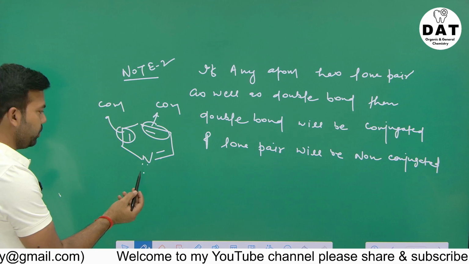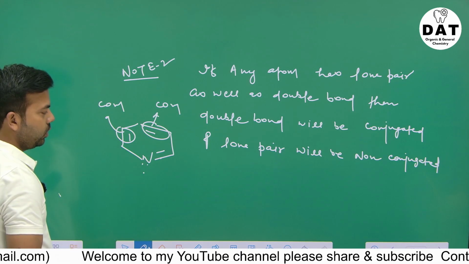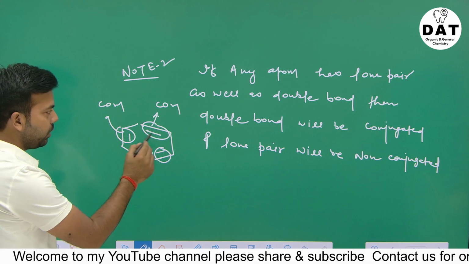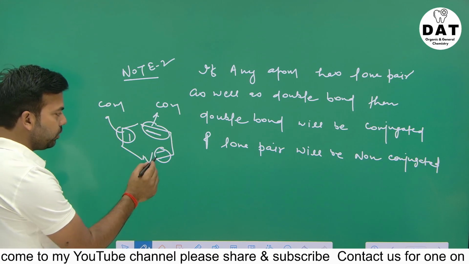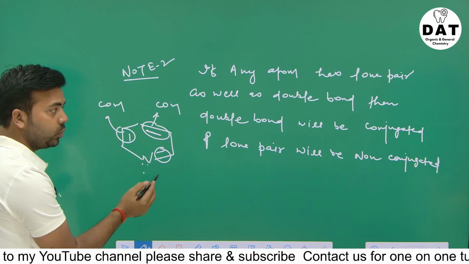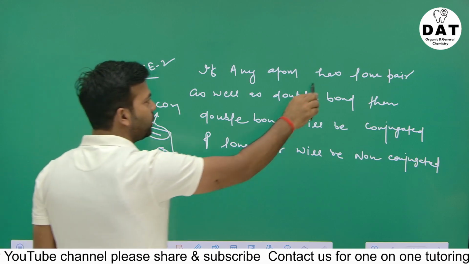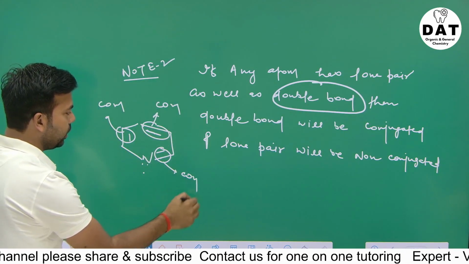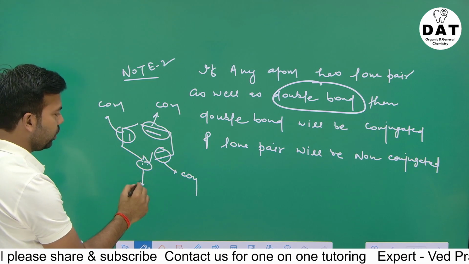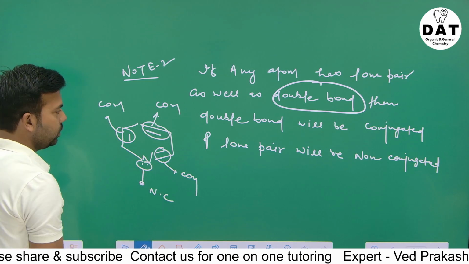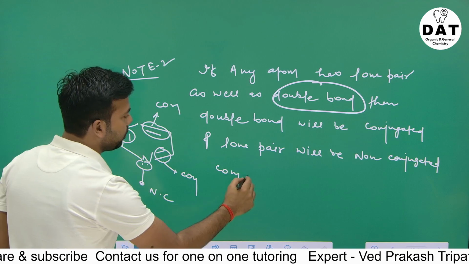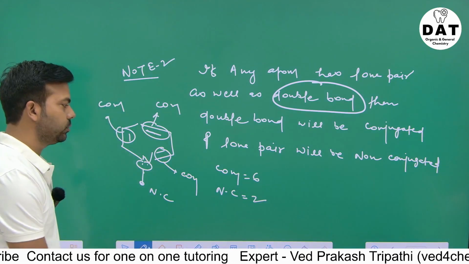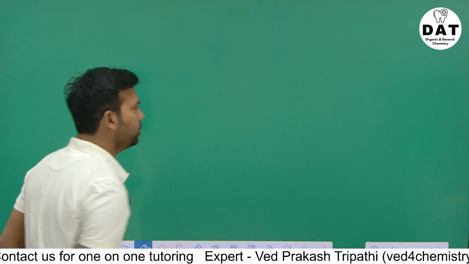Nitrogen has both species, lone pair and double bond, and this double bond is alternate with this pi bond. So anyone, and it should be what? Double bond. Double bond has more priority over lone pair. So the double bond is conjugated, and this lone pair will be non-conjugated. So conjugated is 6, non-conjugated is 2. Clear? Look at a few more examples.